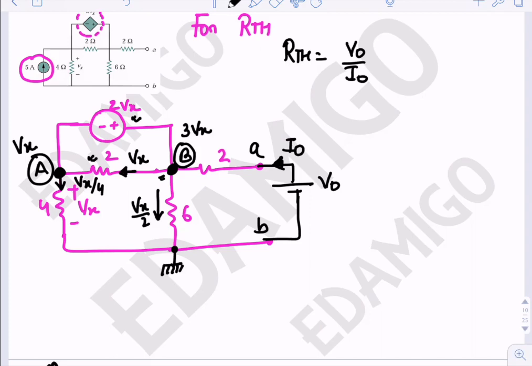Now at this node, the incoming current is Vx, the outgoing is Vx by 4, so easily we can say that here the current will be 3Vx by 4. Clear? Again, incoming current is Vx, outgoing current is Vx by 4, so here outgoing will be 3Vx by 4. So here the current coming is 3Vx by 4.